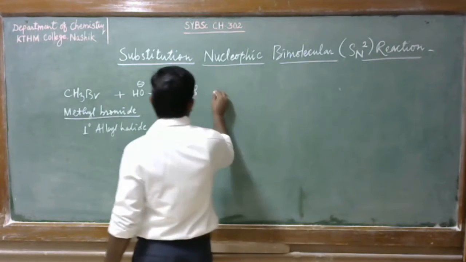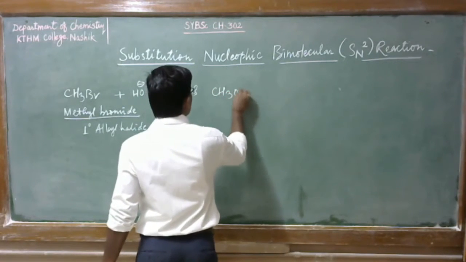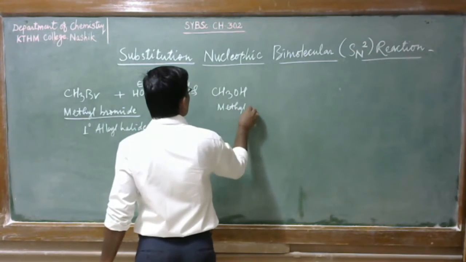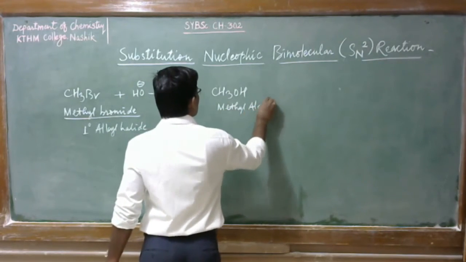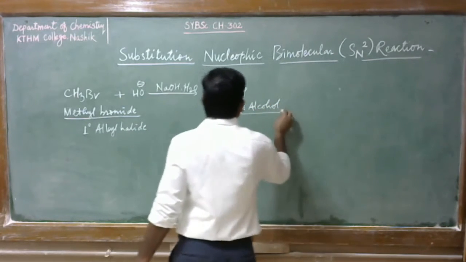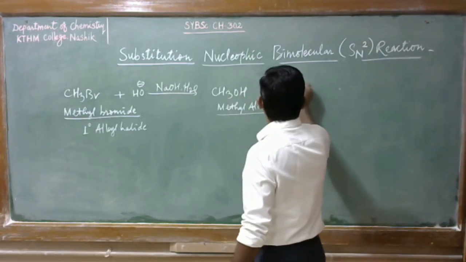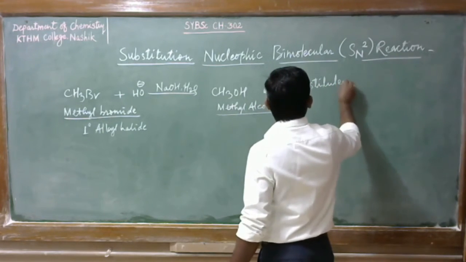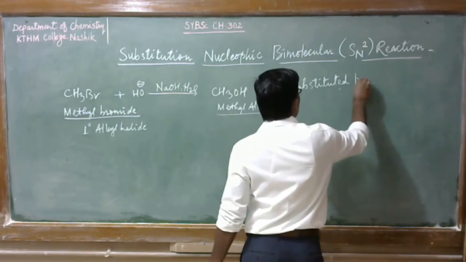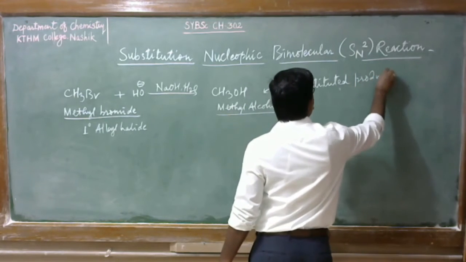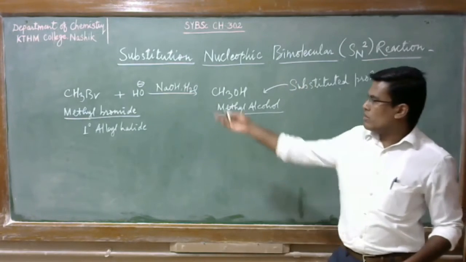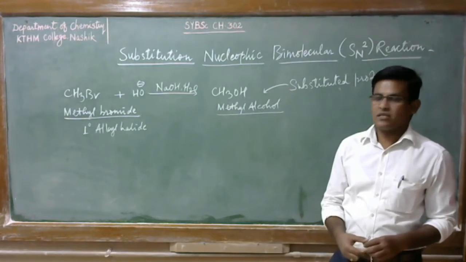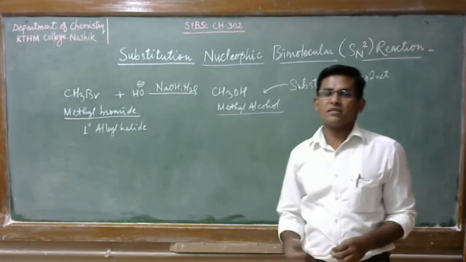So it gives methyl alcohol, which is our substituted product. So when you treat this methyl bromide with aqueous NaOH, it gives methanol as a substituted product.